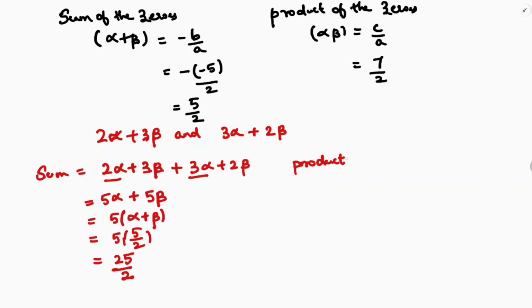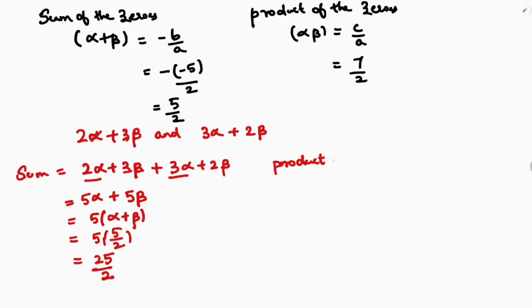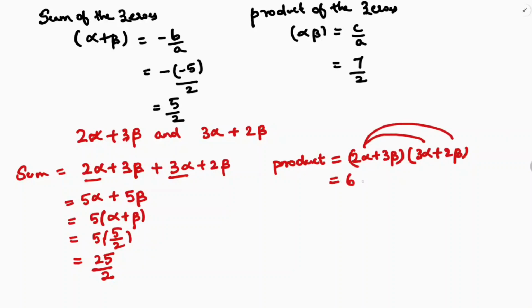Now I need to calculate the product of the zeros. So here 2 alpha plus 3 beta into 3 alpha plus 2 beta. I'll multiply for both. 2 alpha into 3 alpha is 6 alpha square. 2 alpha into 2 beta is 4 alpha beta.